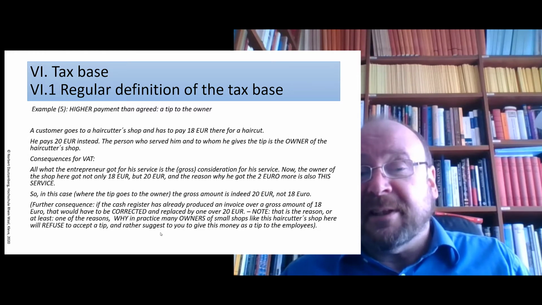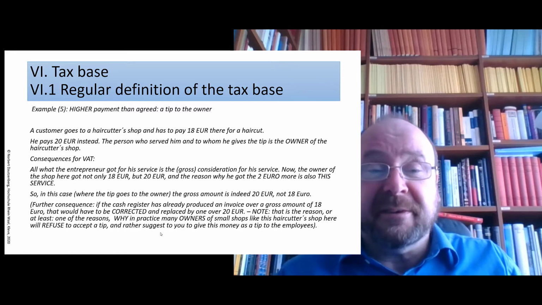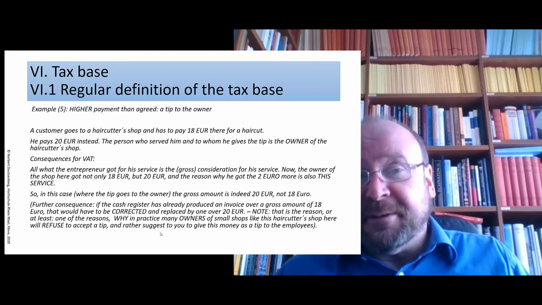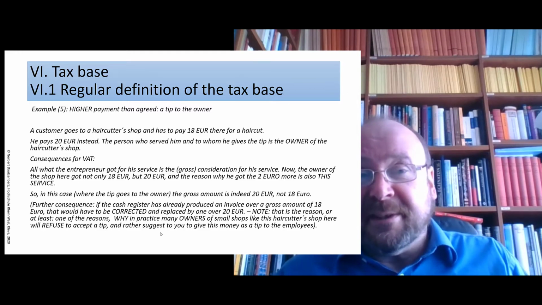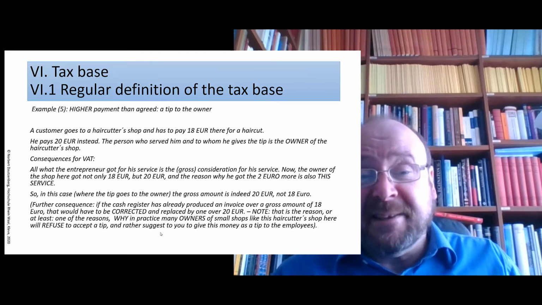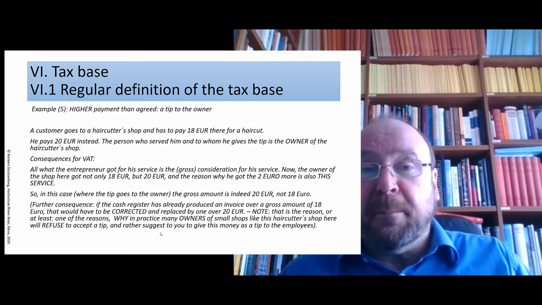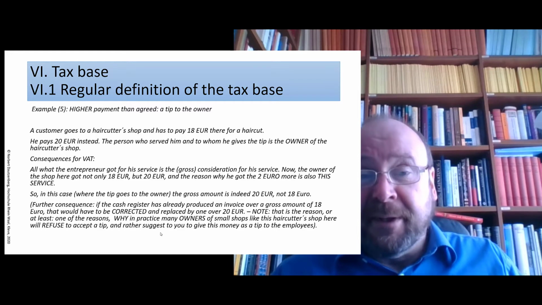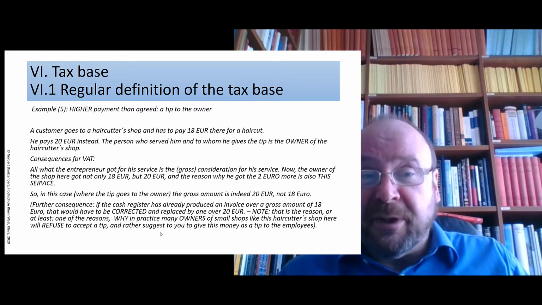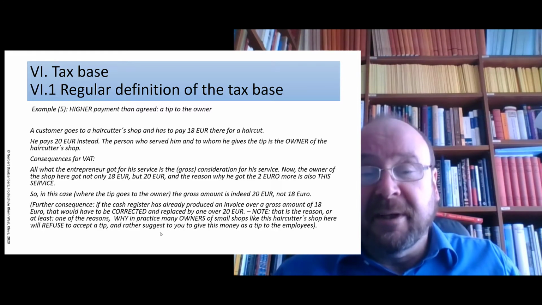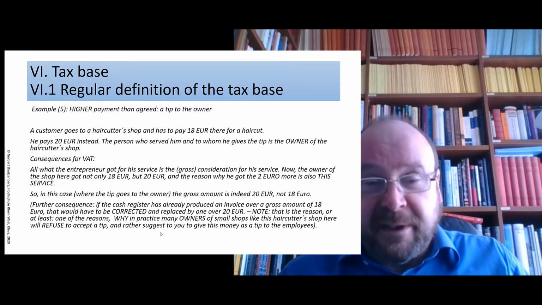And then if the accounting doesn't show the additional tips for the owner, then the fiscal office can prove that the accounting is not done properly and can estimate what the owner additionally obtained by tips. And you can rely on one thing: whenever the fiscal administration is allowed to estimate something, they estimate generously.